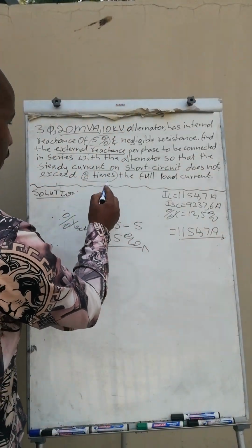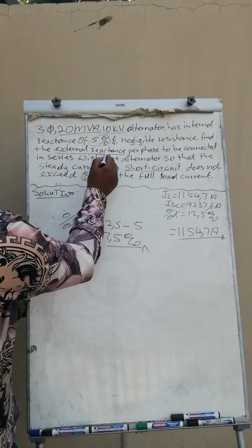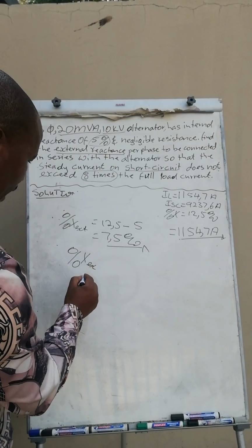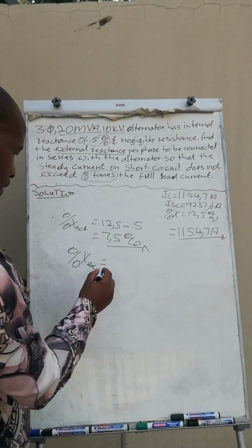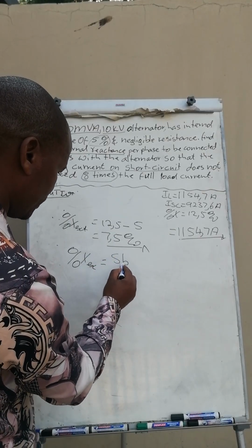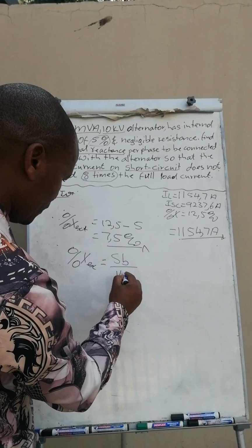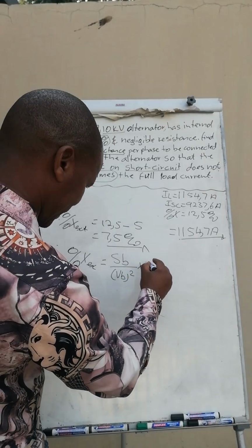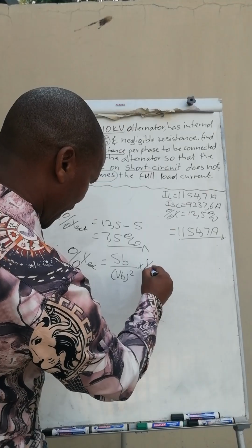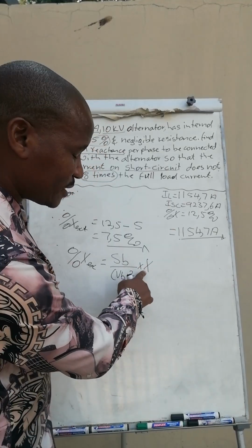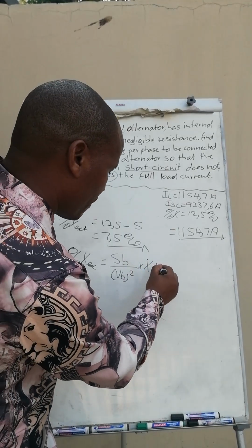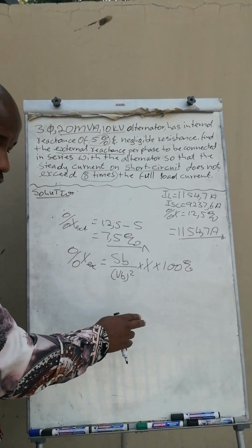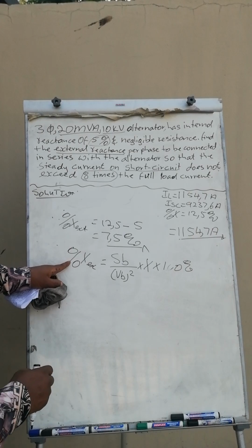Why? Because we now have to calculate the external reactance. I will say percentage x external is equal to S base over VB squared multiplied by X, which is the reactance in ohmic value, multiplied by 100% to express it in percentage, of course.